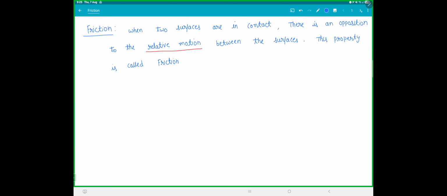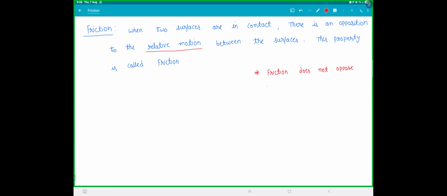Meaning, there's an important statement here. It's like you're not feeling bad because you scored less in the exam. You're feeling bad because your friend has scored more than you. Right? Happens a lot. So friction does not oppose motion.